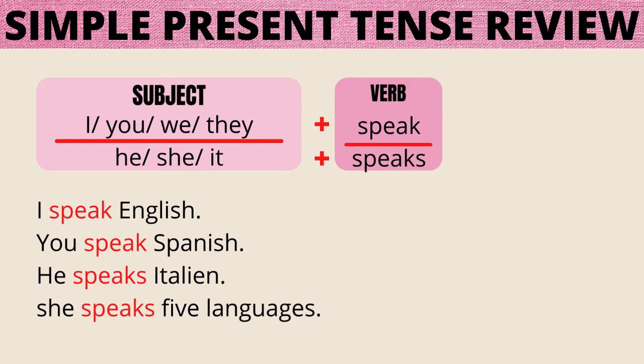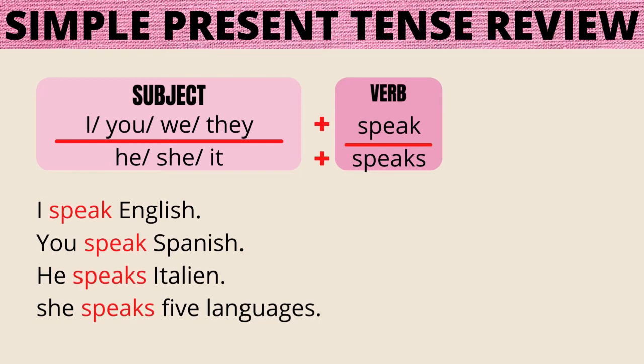So I, you, we, or they plus the infinitive verb. So infinitive verb means just the basic form of the verb. There is no change to the verb. So we say I speak, you speak, we speak, they speak.